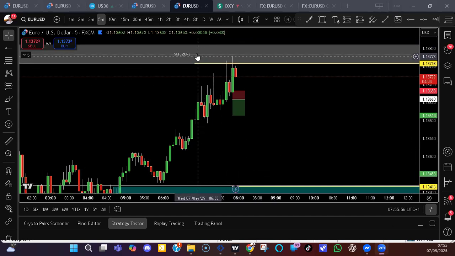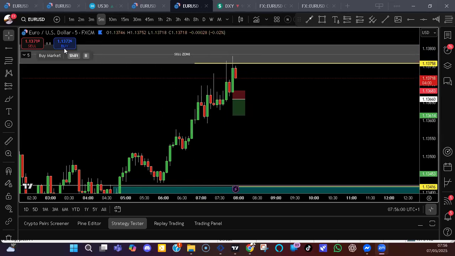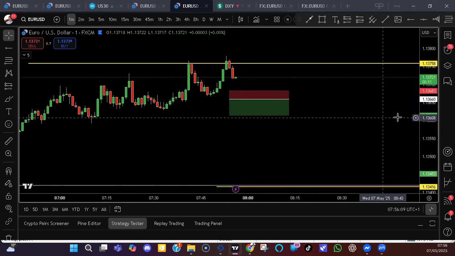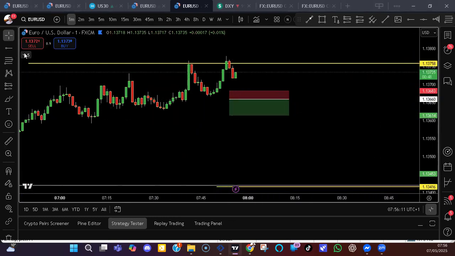And we have entered into, on the 5-minute time frame, on the EUR USD. As you can see here, we are in the sell zone. So we're going to go back to the 1-minute time frame, put our indicators back on.